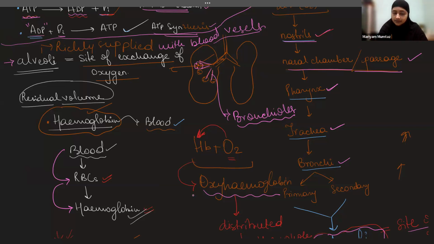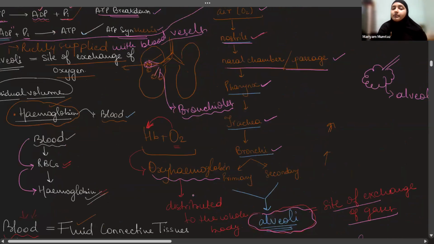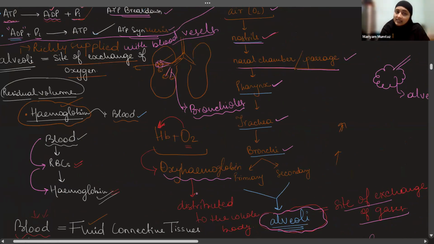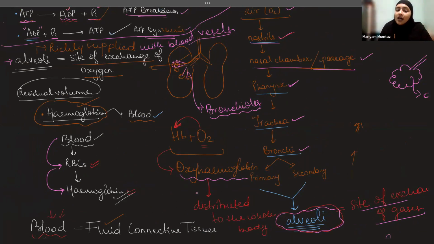Yes, ma'am. Okay, now the alveoli is a balloon-like structure, and since it is richly supplied with blood vessels, blood is there. Now, our blood contains hemoglobin. Hemoglobin is a component of the blood, the red pigment. Why is blood red?